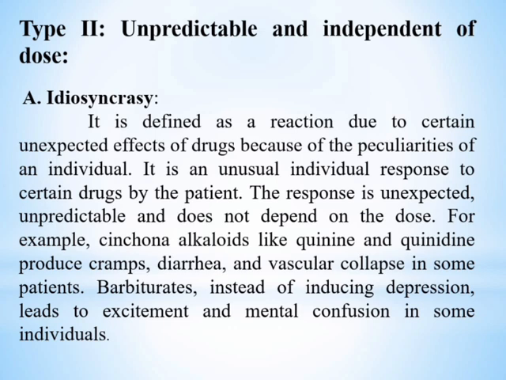For example, cinchona alkaloids quinine and quinidine produce cramps, diarrhea, and vascular collapse in some patients. Barbiturates, instead of inducing depression, lead to excitement and mental confusion in some individuals.